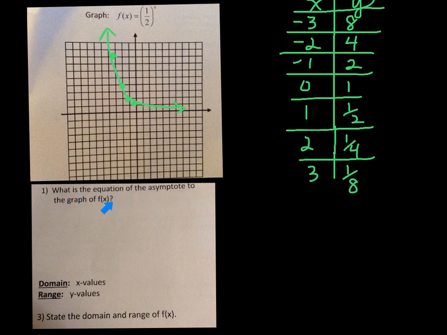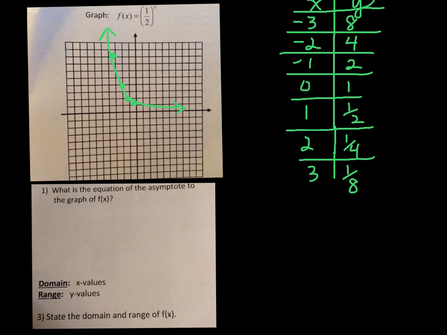An asymptote is a line that a graph comes closer to, but never hits. So if we look at this graph, you can see that this graph is getting closer and closer and closer and closer to the x-axis. But look, it never touches it. And you can see that by looking at the table in your calculator.